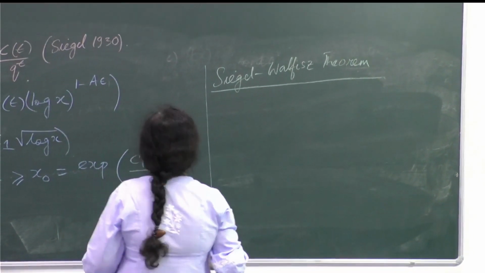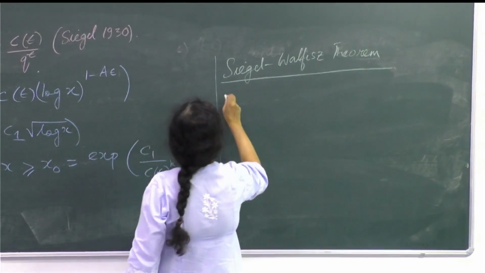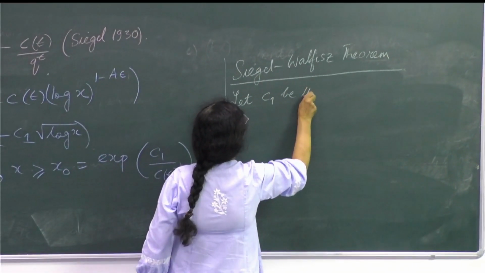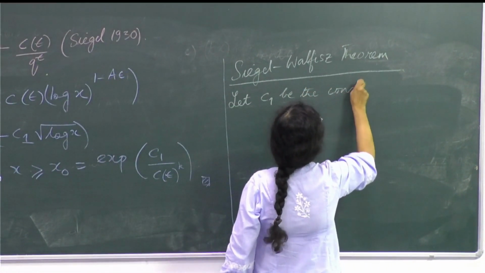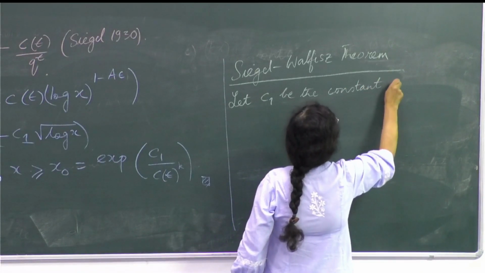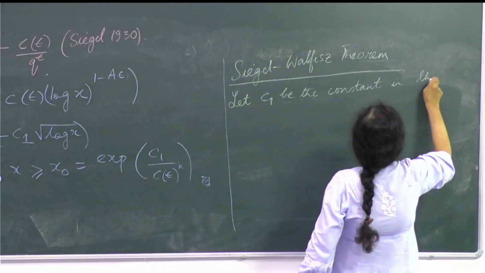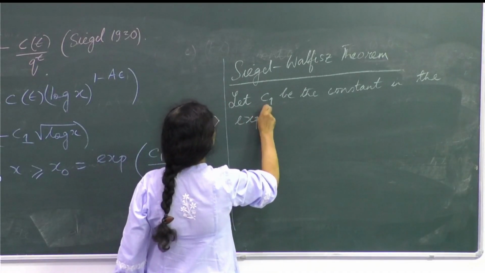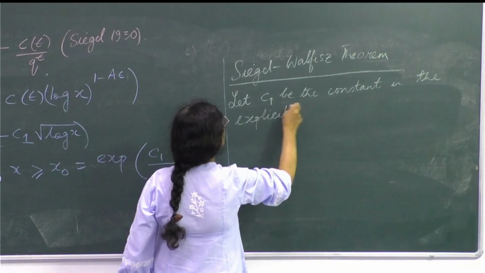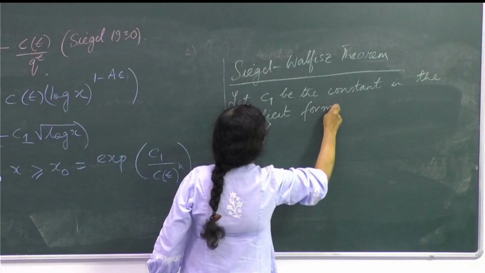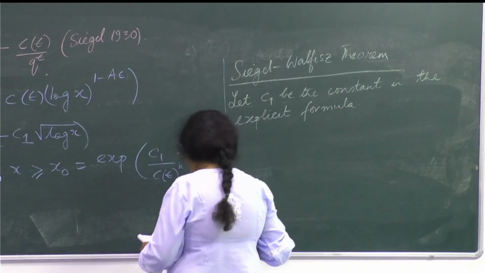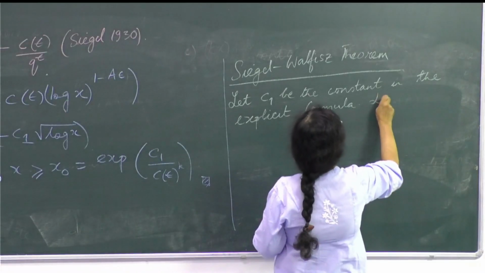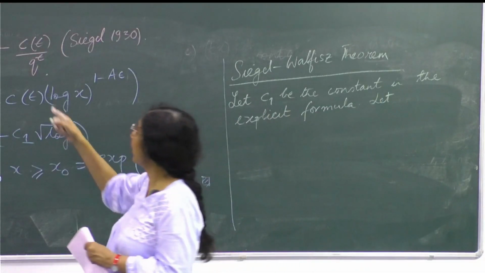Okay. So again, I will let C1 be the constant in the explicit formula. We will fix a positive A, that A that we had.